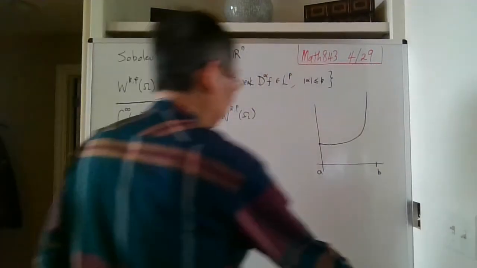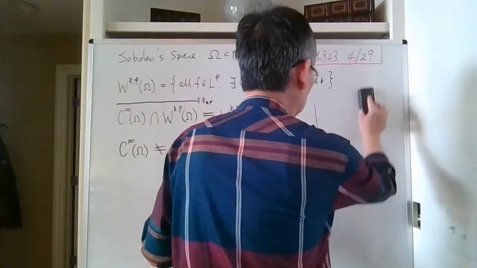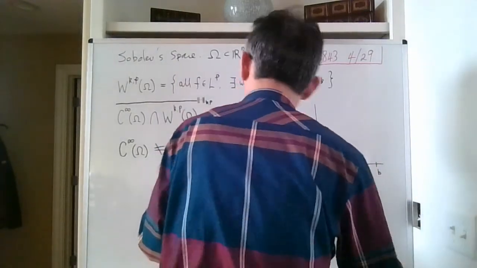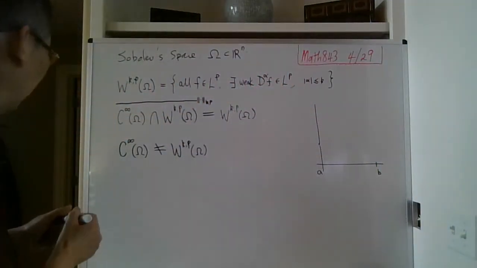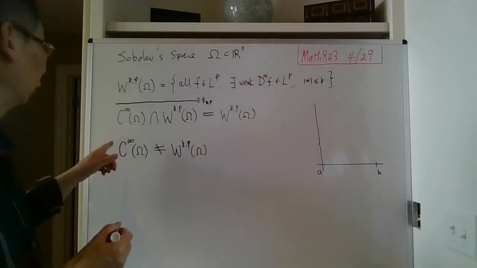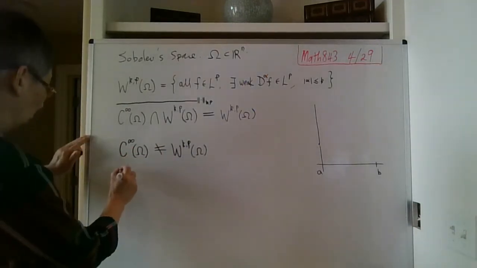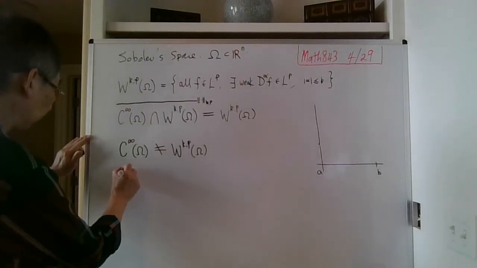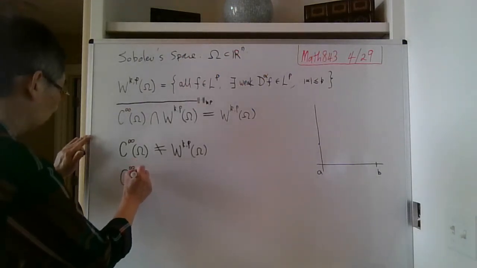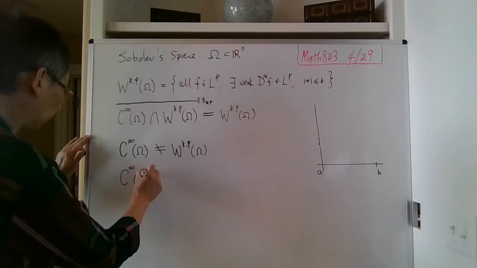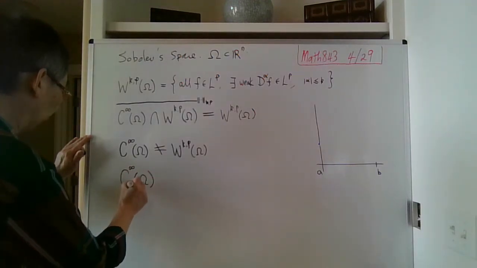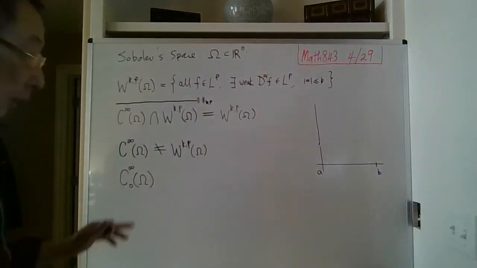Okay, but however, if you consider a special case of C infinity function, this function will always be in W^{k,p}. So that's the C infinity plus a subscript zero here. Now what does it mean?